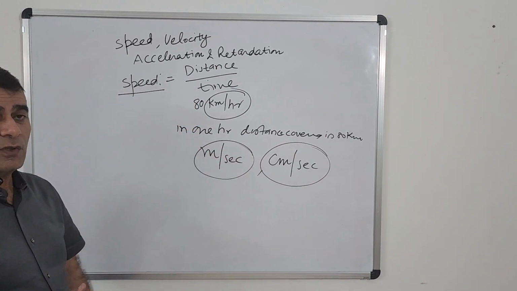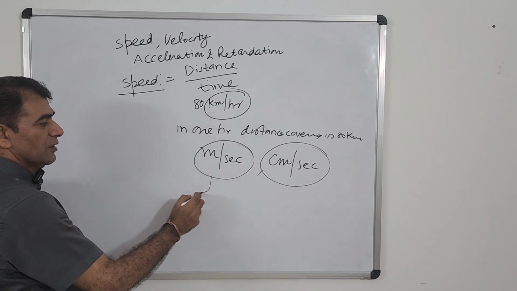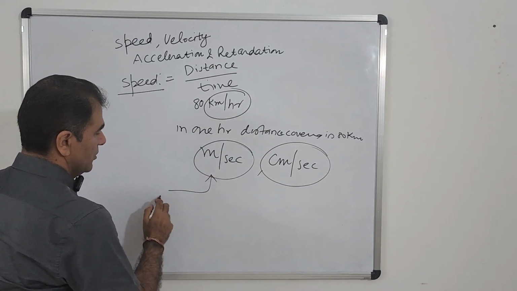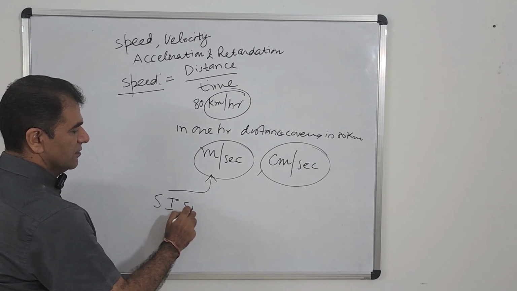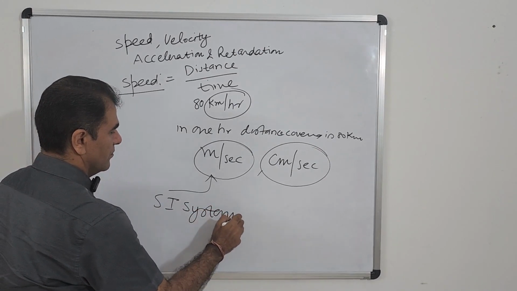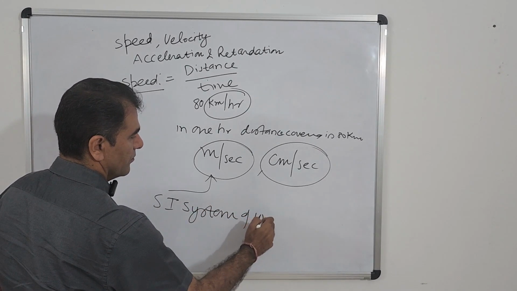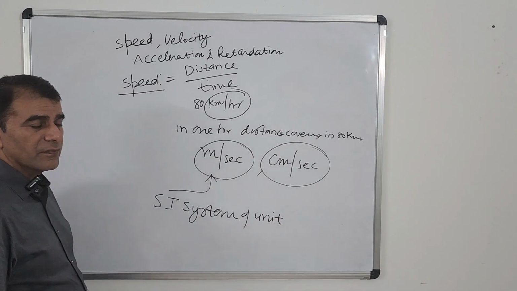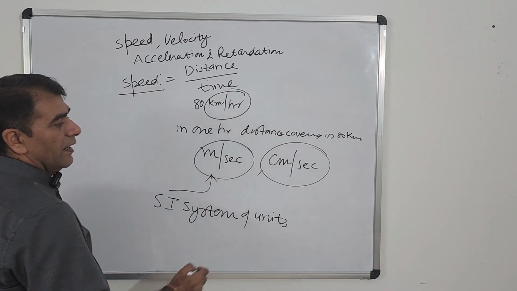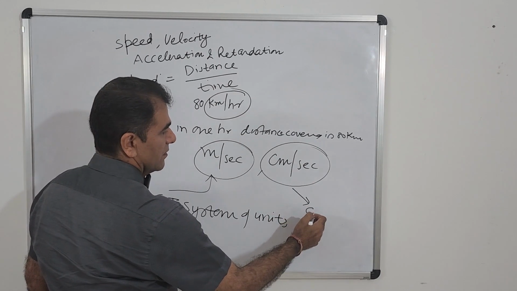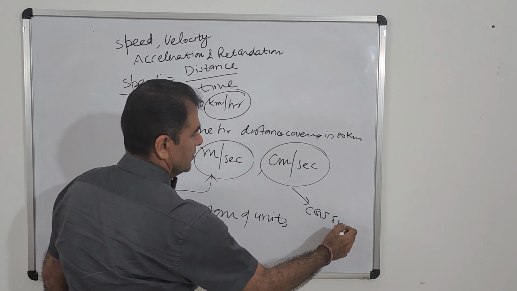What are these units actually? This is a system of units which is known as SI system of units. And this is CGS system of units.